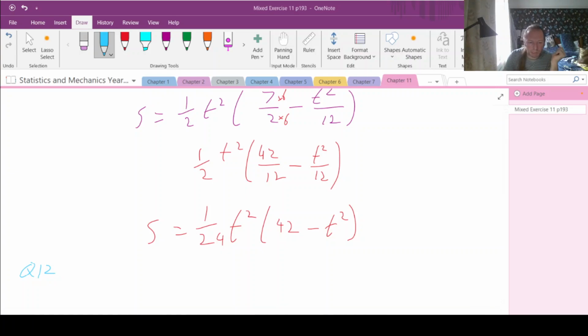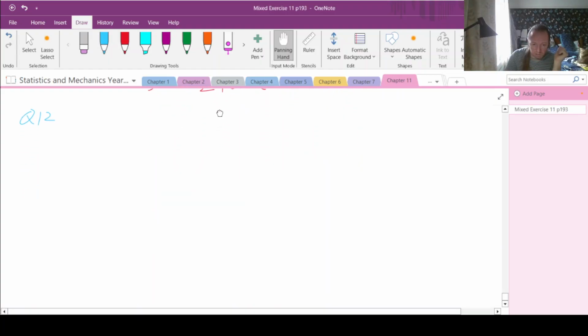Okay, here we are, Stats and Mechanics, Year 1, Chapter 11, Question 12. A mouse leaves a hole and makes a short journey across a straight wall before returning to its hole. The mouse is a particle moving in a straight line.